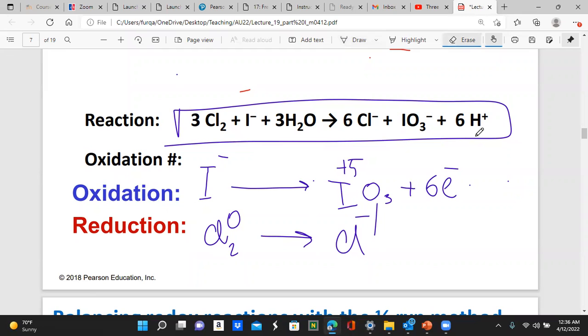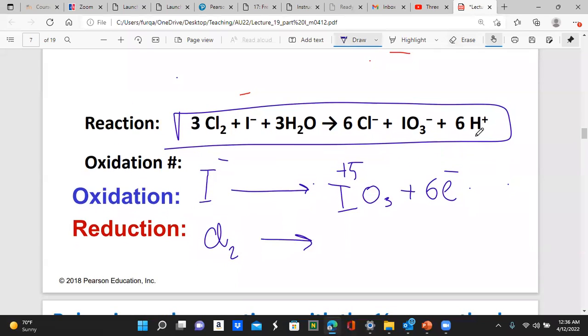And in this one, what's going on is we had the chlorine, and the chlorine is going to go into Cl minus. It means this is a diatomic chlorine having a 0 on it. I have to balance these atoms on both sides too. Don't forget that, and because reduction is the gain, I have to show the electrons on the reactant side.